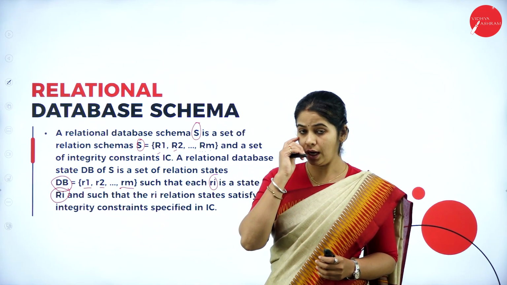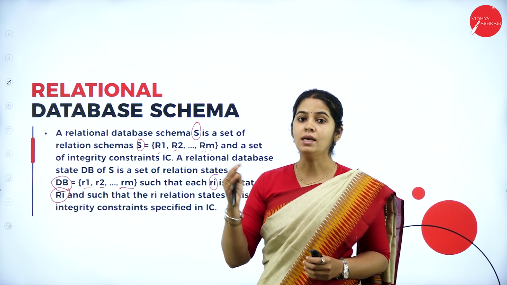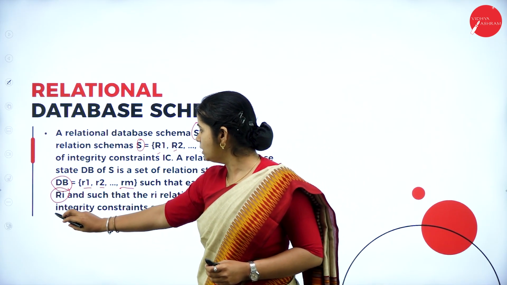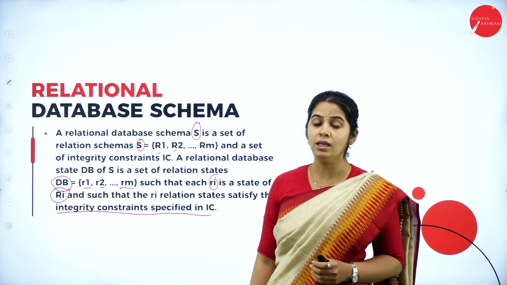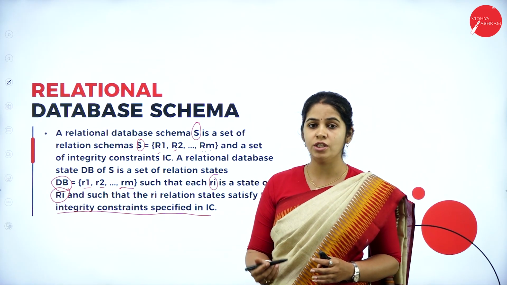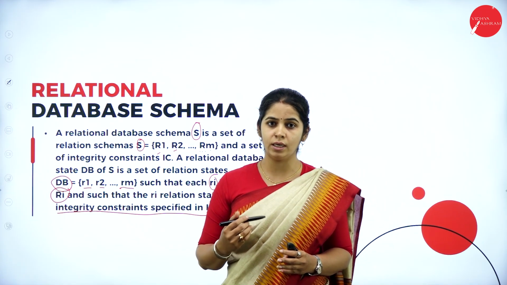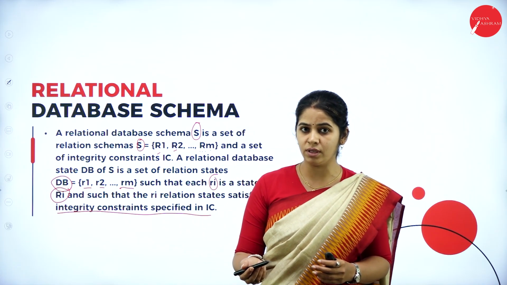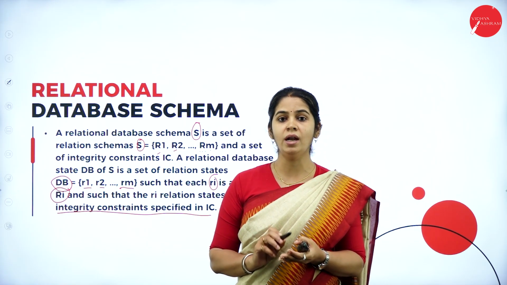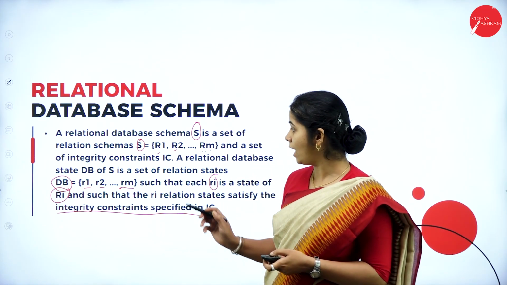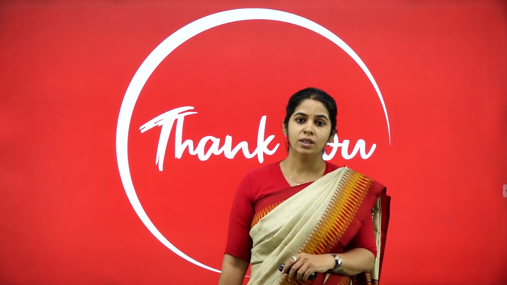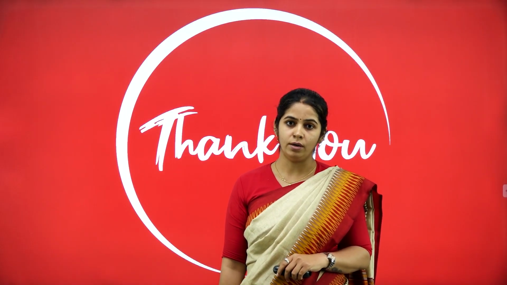Each relational state satisfies the integrity constraints specified. How do we develop the schema such that it satisfies all the integrity constraints? What integrity constraints have we discussed? Domain constraint, key constraint, entity integrity constraint and referential integrity constraint. All of these have to be satisfied to form a particular relational schema. That's all about the relational model. Thank you.